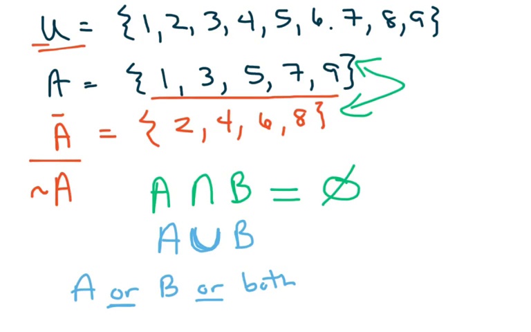All right, the intersection is more like and, what's in both of them. And this is more like or. Okay, so A union B equals the universal set because we're picking the numbers that are in A or B, and that is all of the numbers here. Okay?